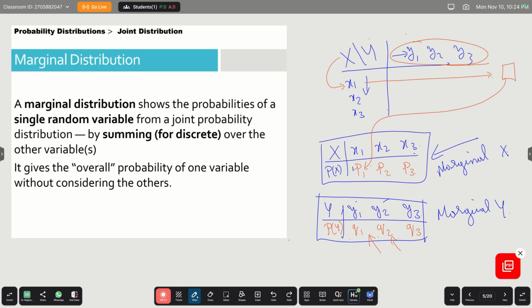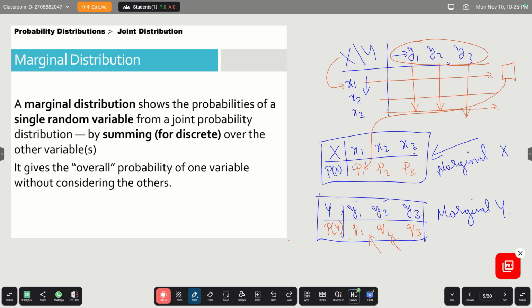Similarly, for x taking the value x2, you add all the values in the second row, and for x having the value x3, you add all the values of the third row. Similarly, for y, you consider the columns: first column, second column, and third column.